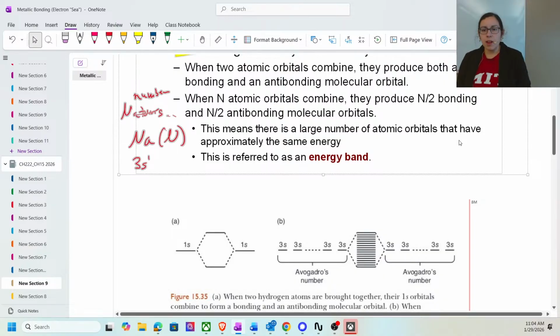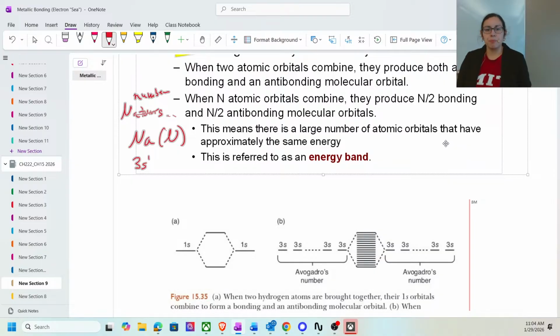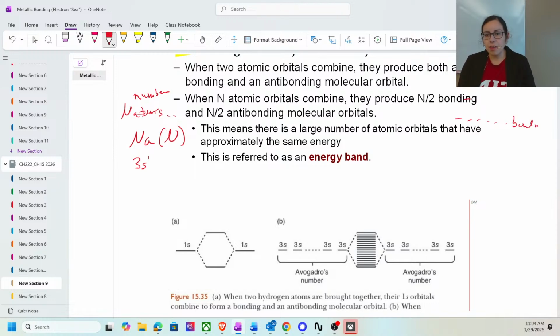Same as our atomic orbital principles: we start off with 2, we get a bonding and an anti-bonding. Same thing when they're delocalized, so half of them are bonding orbitals and the other half, delocalized all across, are anti-bonding.